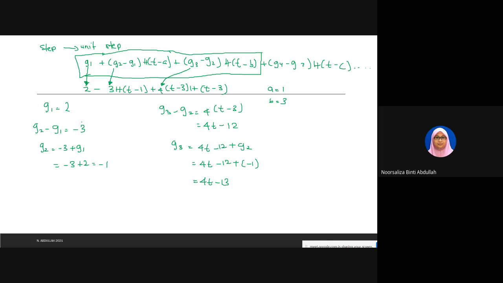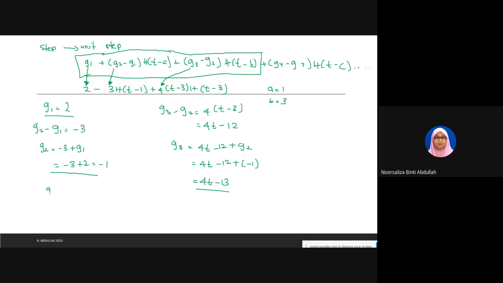Now we have g1, g2 and also g3. Then we can get the step function, starting with g1.